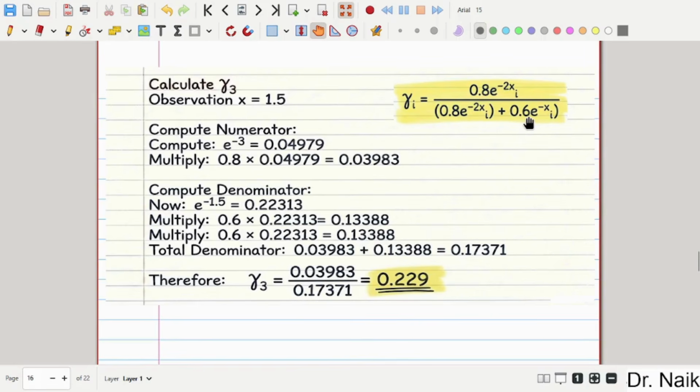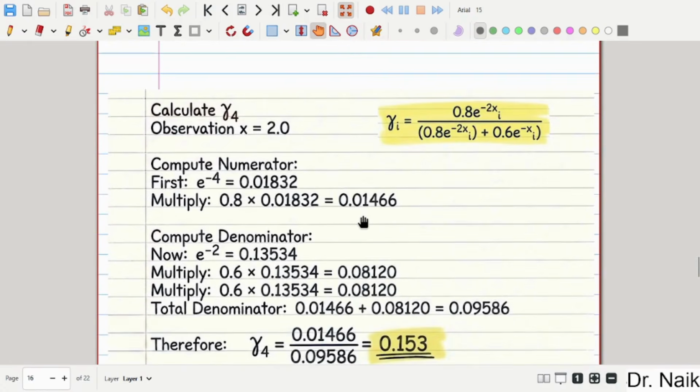Multiply it with 0.6, so 0.13388. So total denominator is 0.17371. Gamma 3 is equal to 0.03983 divided by 0.17371, which is equal to 0.229.